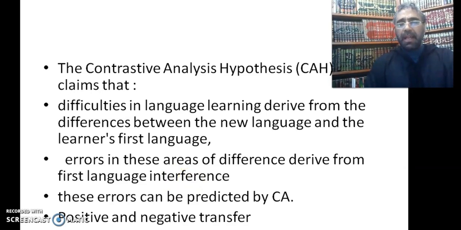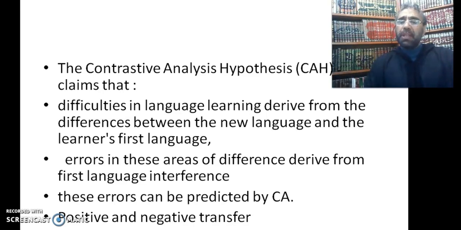If on the other hand, let's take another example, a French speaker, somebody whose mother tongue is French, wants to learn English, because in French we say mon nom est Ahmed.